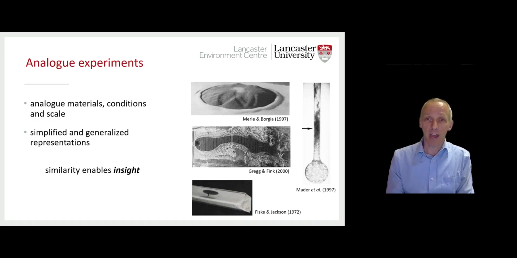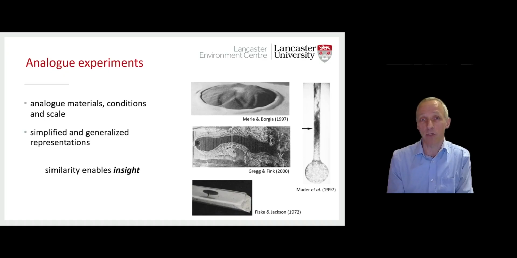So it's important to note that analogue models are almost always simplified and rather generalised representations of the natural feature or process. So you might design a model that broadly represents stratovolcanoes rather than trying to replicate one specific volcano. Model geometries are therefore usually straightforward.